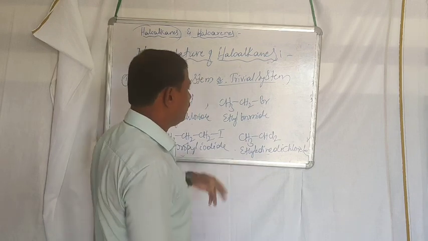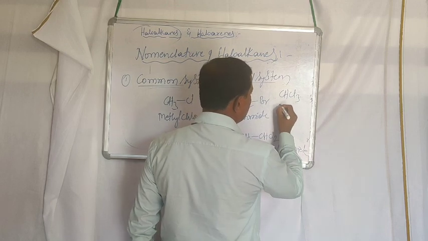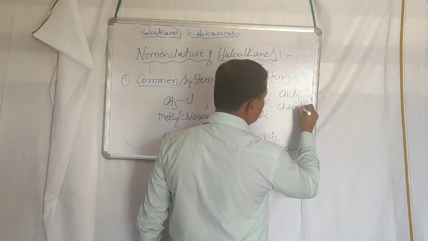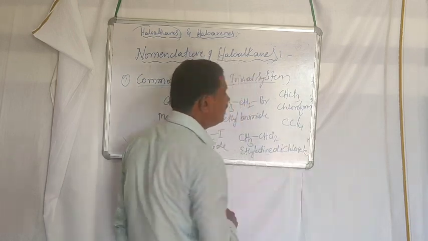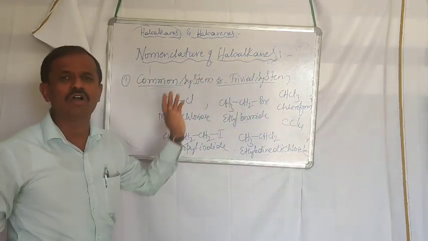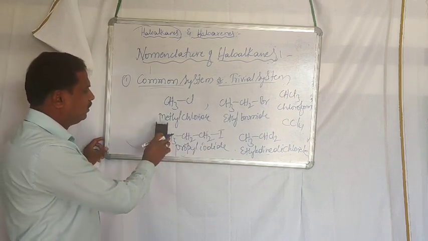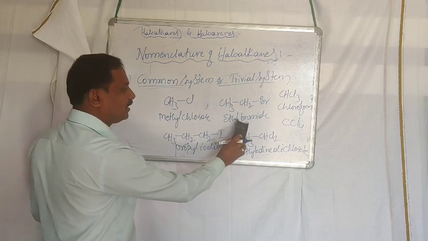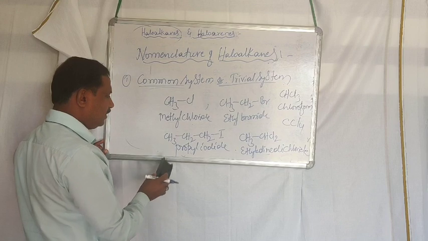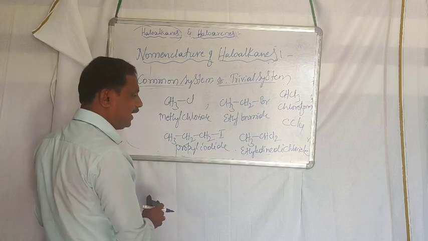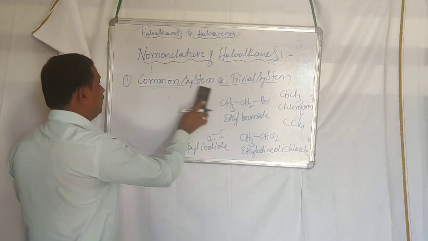You take chloroform, CHCl3. Chloroform. You take carbon tetrachloride, CCl4. These are all trivial names or common names. It's a two-word name: methyl chloride, ethyl bromide, chloroform, propyl iodide, ethylidene dichloride. These are two-word common names.